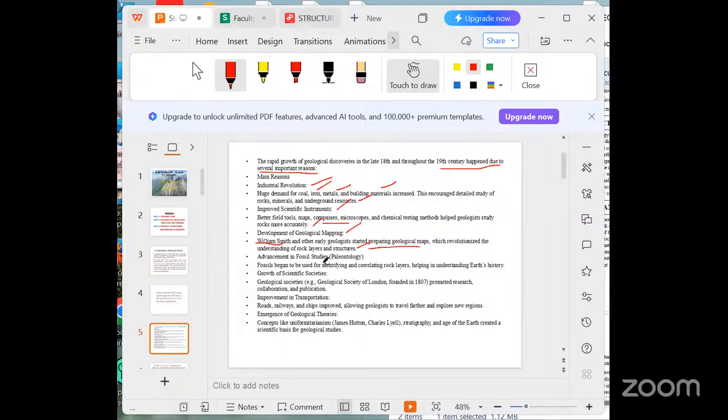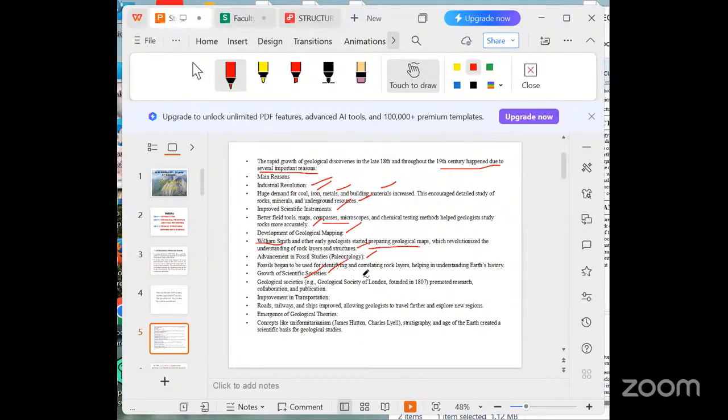Also, advancement in fossil studies, called paleontology. The study of fossils is called paleontology, and fossils began to be used for identifying and correlating rock layers, helping in understanding earth history.